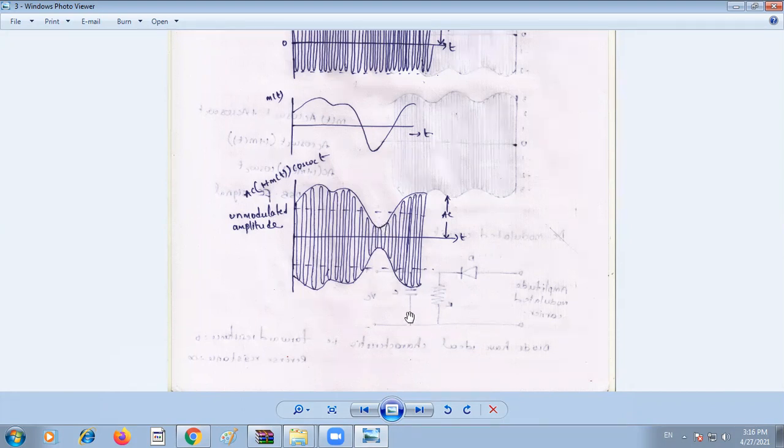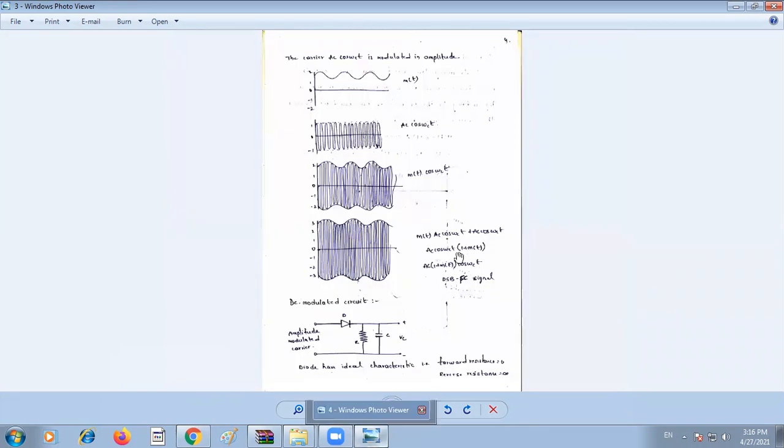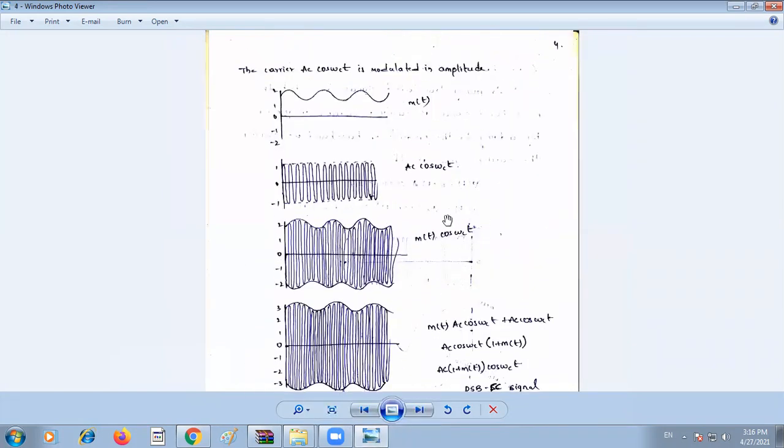Okay, now this is amplitude modulation. Observe in this wave, this is the m of t signal having low frequency and amplitude 0 to 2 volts. From 1 to 2 there is a maximum peak and minimum peak. This is a sinusoidal wave, no? This is the m of t signal. Now this is Ac cos omega c t having 0 to 1 amplitude.